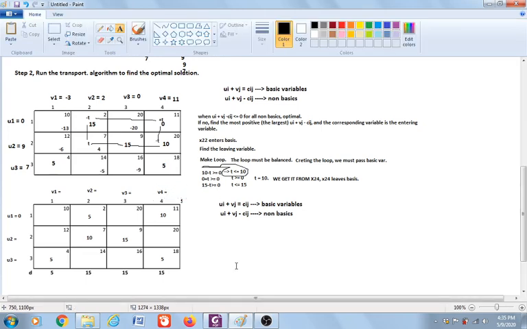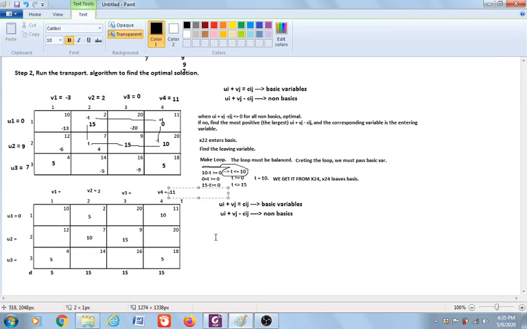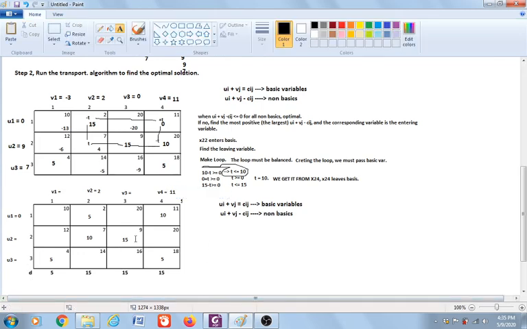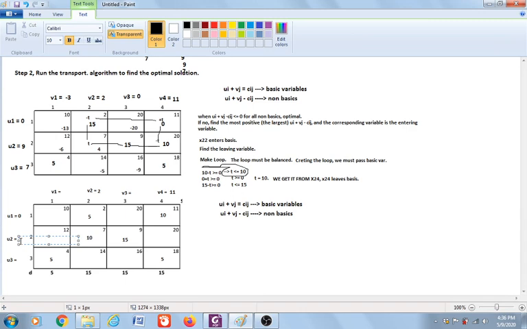Okay, so u plus v equals Cij, that is for basic variables. So u1 is 0, so 0 plus v1 equals 2, and that is 2. 0 plus v4 equals 11, that is 11. Okay, for u2, I don't know u2, v2 is 2, 2 plus u2 equals 7, that is 5.